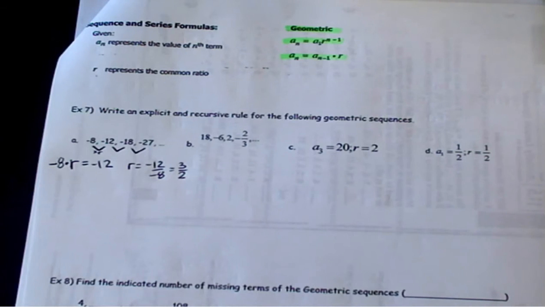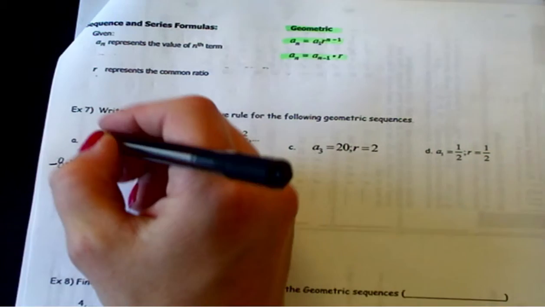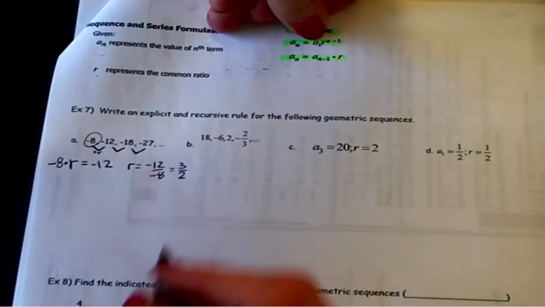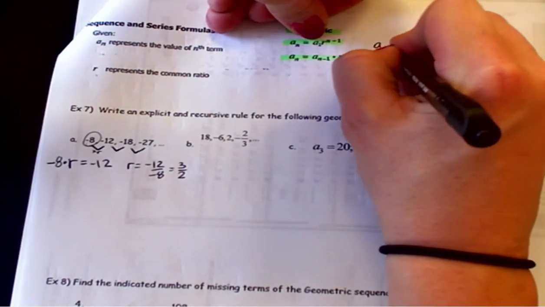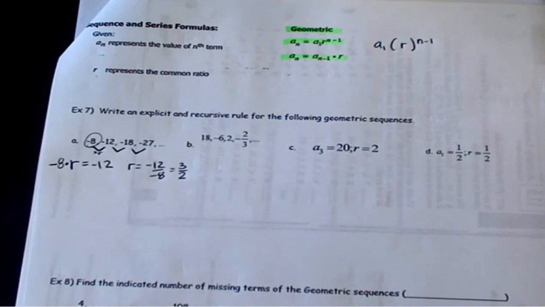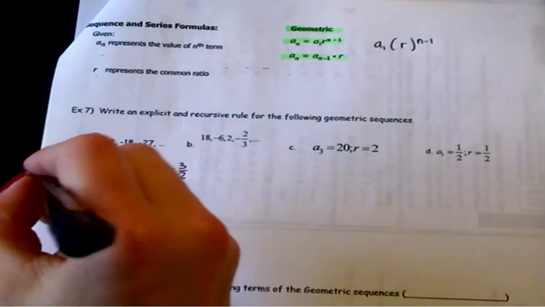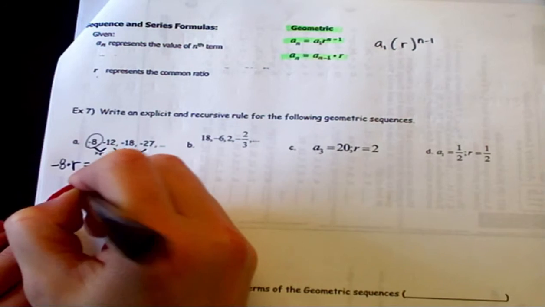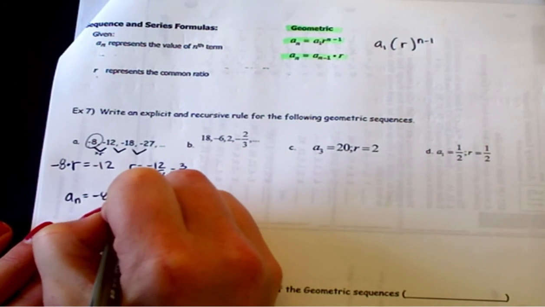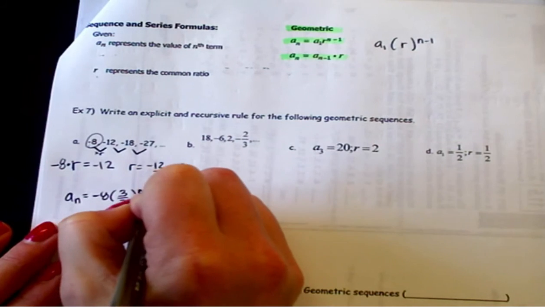So now that I have my ratio and my first term, now I can write my rule. Okay, so this says a sub 1, and I'm going to put my ratio in parentheses. It's exponential. See the a, the b, and the exponent? Okay. A sub n equals negative 8, 3/2, and minus 1.